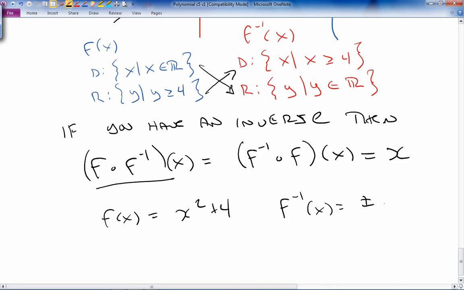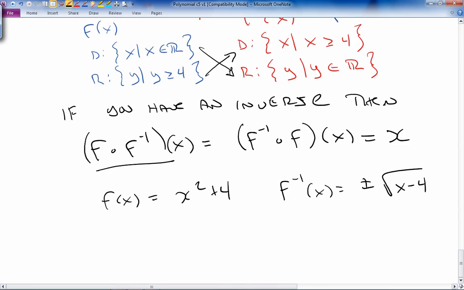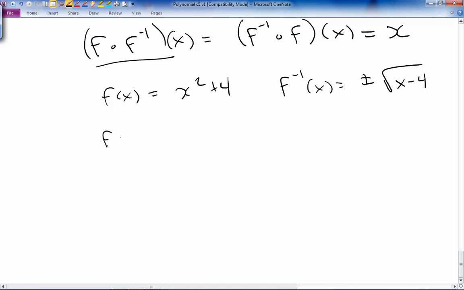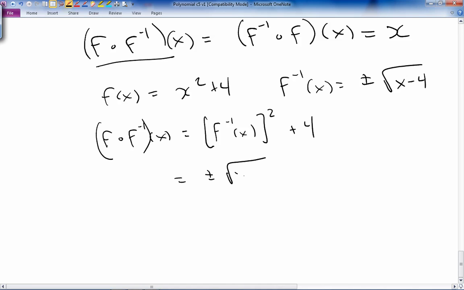When I put these two together, f composite inverse, we get plus or minus the square root of x minus 4, squared, plus 4, which is just equal to x minus 4 plus 4 equals x. Ta-da! Exactly what I said it would be, because it has to happen.